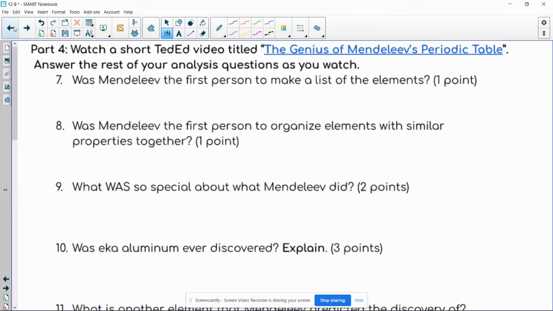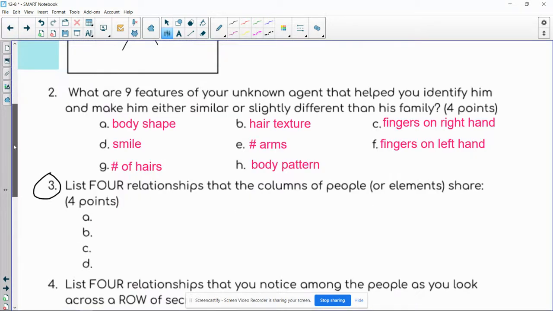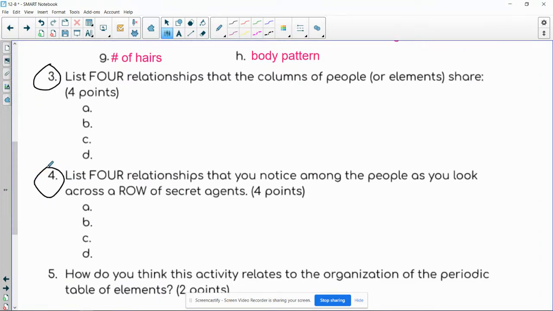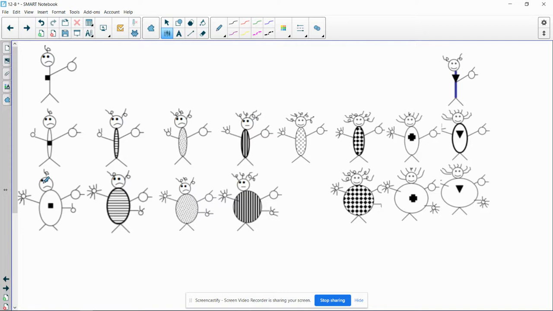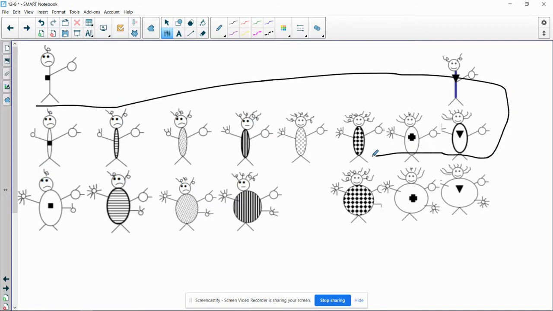And then your next question, number 4, says, what do you notice among rows? What do rows share in common? So then I would look at a row. Sorry, my little markers, not straight. So in a row, they're all the same size of body.